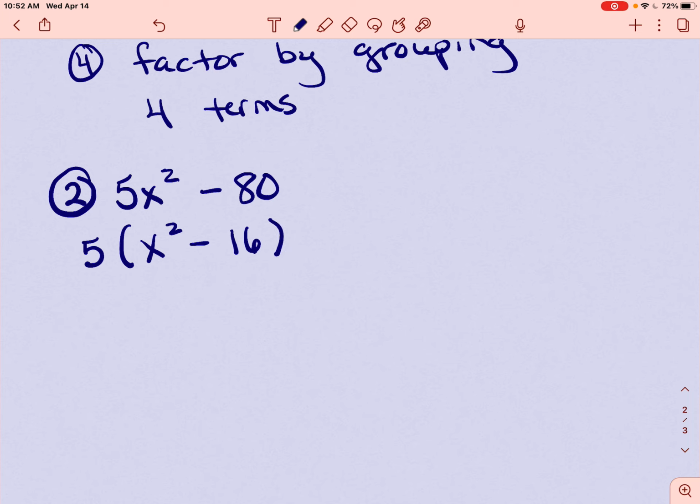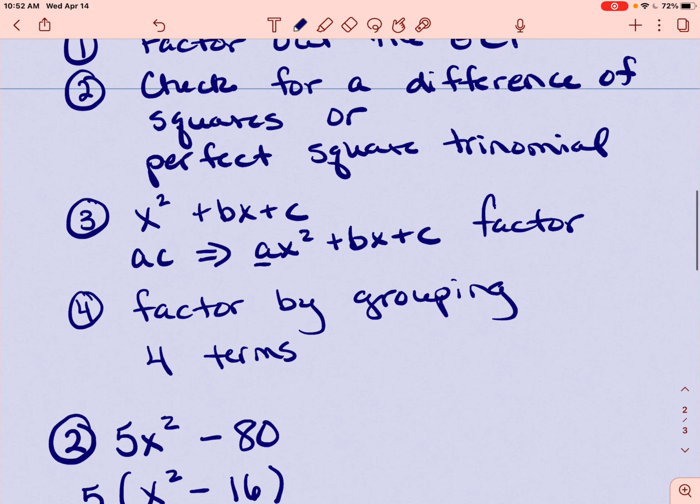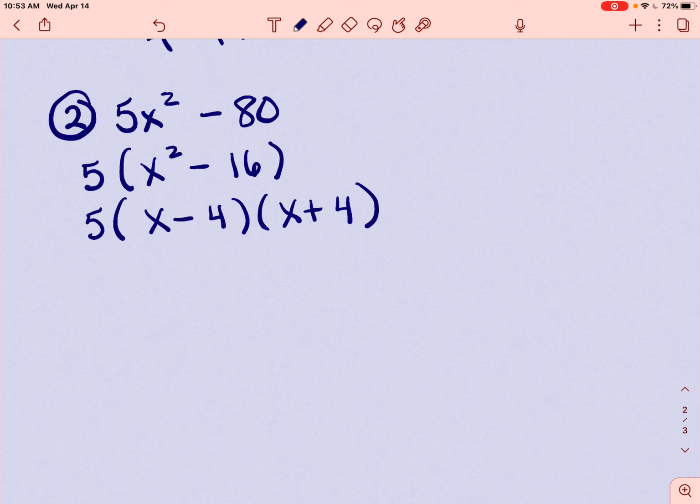And now I see step 2, check for difference of squares. This is where I see the difference of squares. And so I'm going to have 5 times x minus 4 and x plus 4. 4 is a perfect square, but x is not. So we'll be finished at this step.